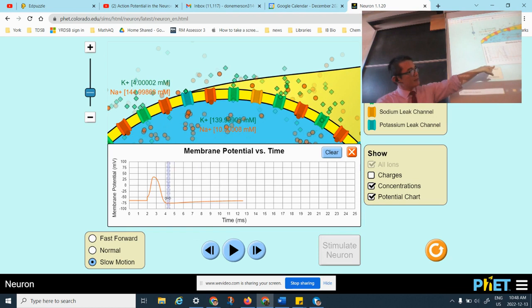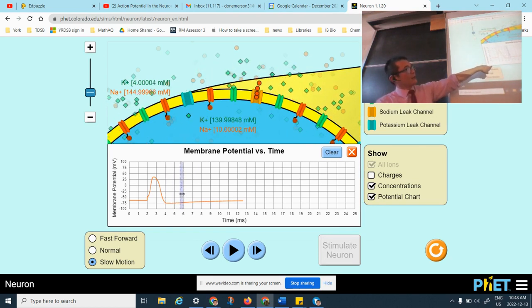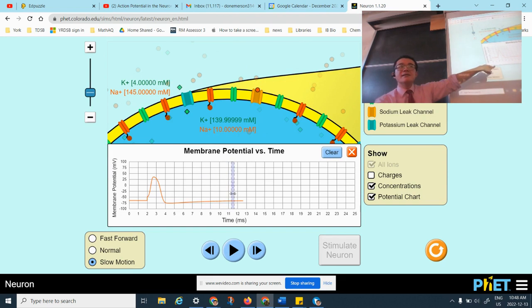At this point, you see now this button is available again. So between hyperpolarization, when everything is closed, till this point, you have some leak channels that are open, so there are some small movements, but it is the sodium potassium pump that restores that balance. You notice here, the potassium concentration before it lit up is less than 140, okay?